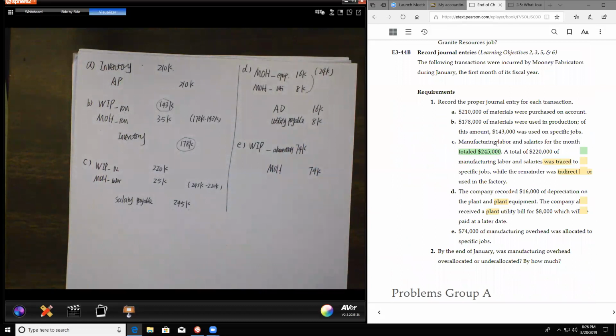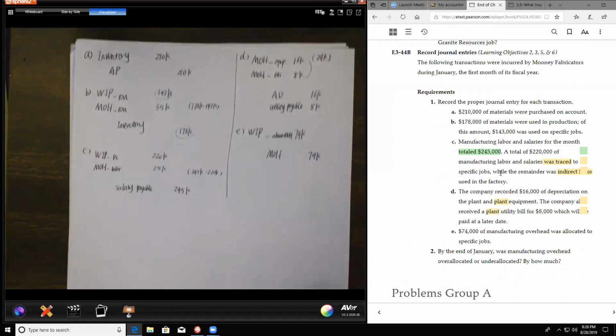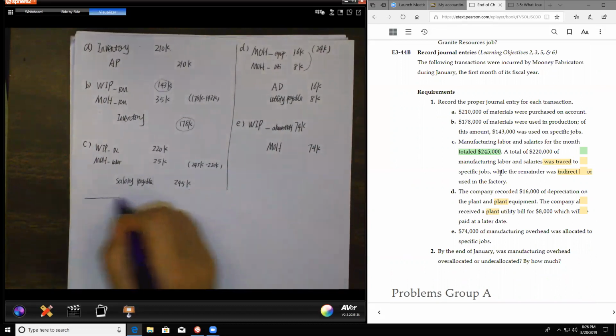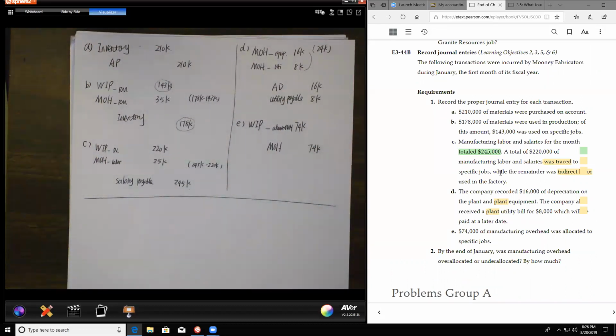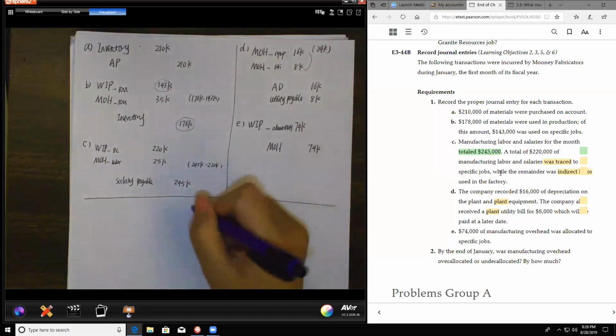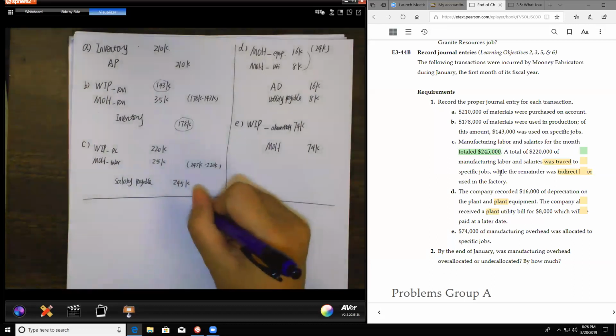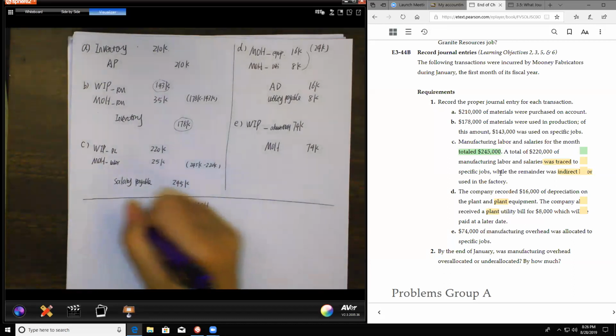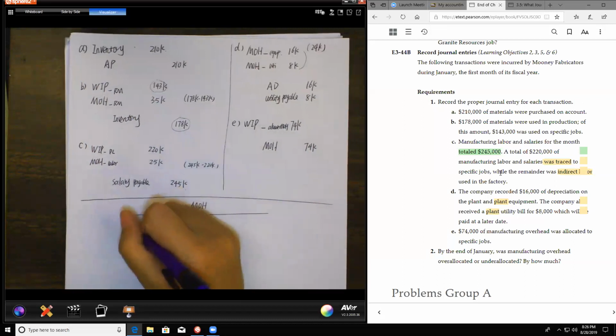So that is basically very similar to your textbook. Make sure you know all these transactions. Those are basic transactions. And the next question is asking whether the manufacturing overhead is over allocated or under allocated. We do the T account. So you have a manufacturing overhead. The left side is always your actual.